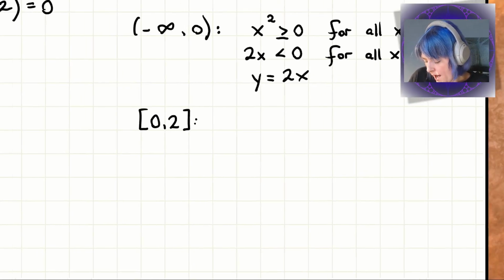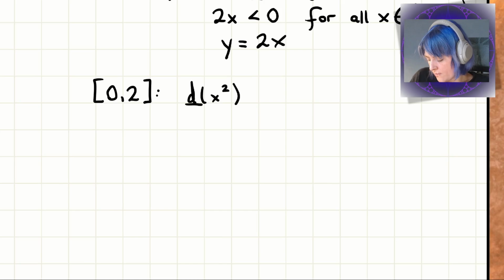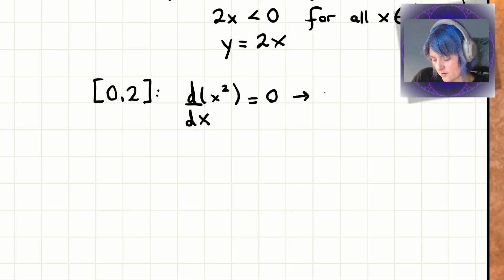So for this one, I would go ahead and just show that you're thinking about this function. Find the rate of change for the first function when it's equal to 0, and then you find the critical point for that function.